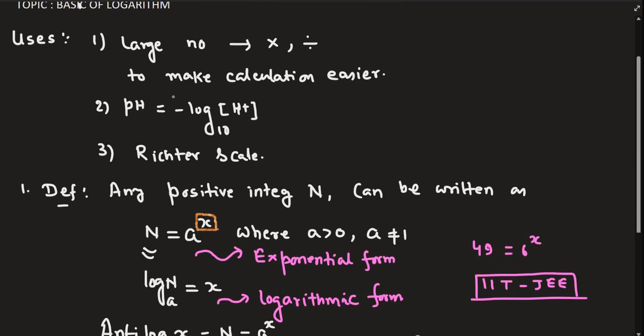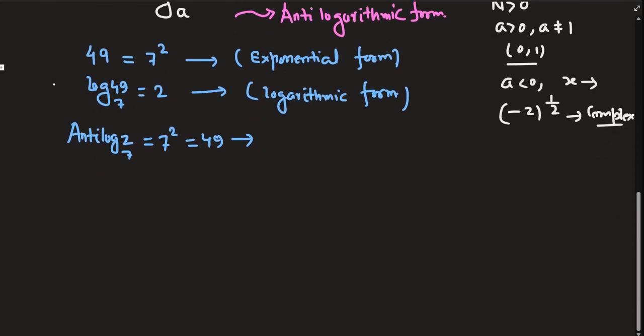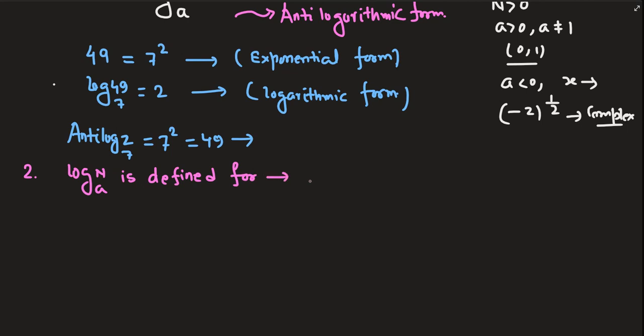Now in the second point we are going to define when the log is actually defined. Second point: log n base a is defined for what? We have to know when it is defined. Three conditions are working here.